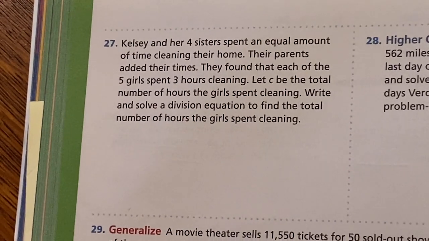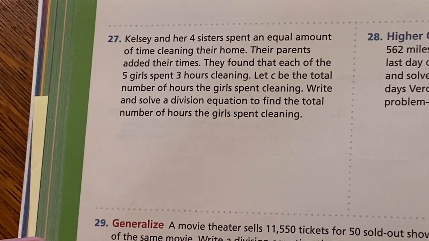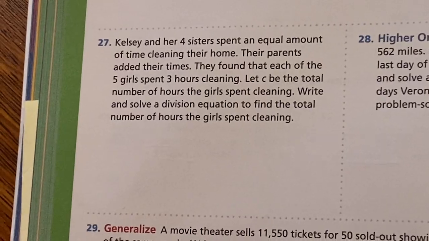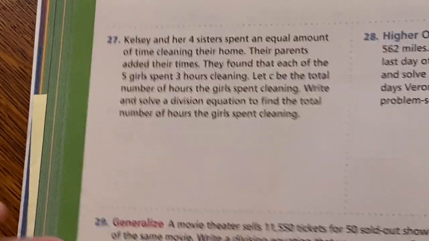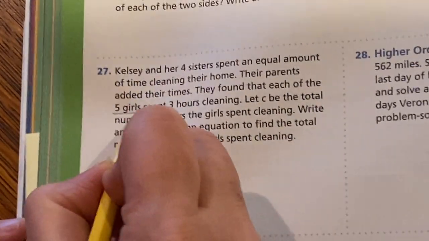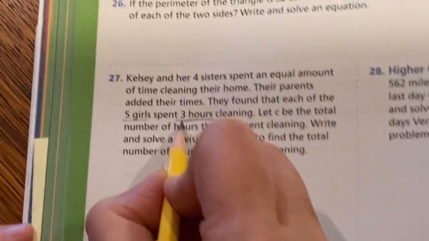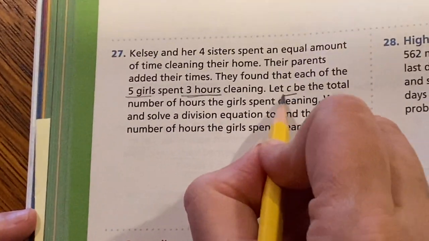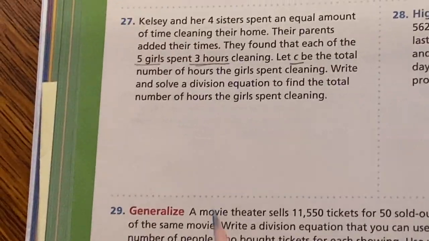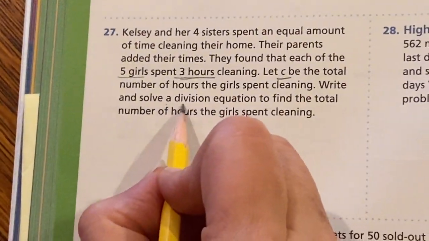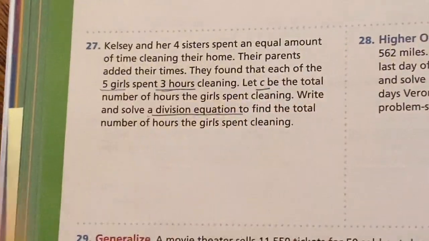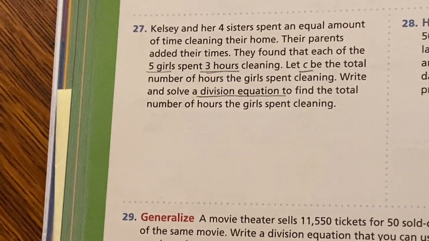Write and solve a division equation to find the total number of hours the girls spent cleaning. So you've got 5 girls, they worked for 3 hours each, and C is the variable you're going to use. And notice that they tell you to solve a division equation, okay?